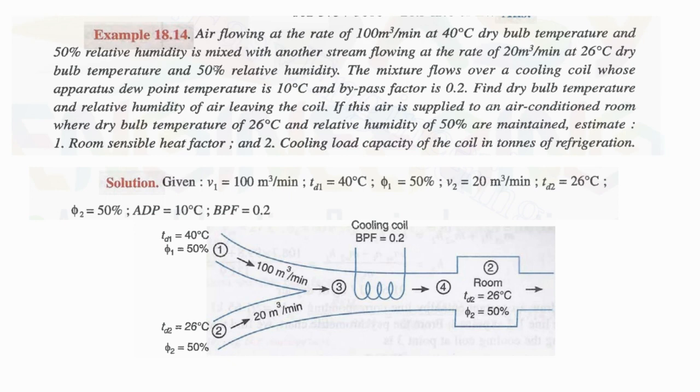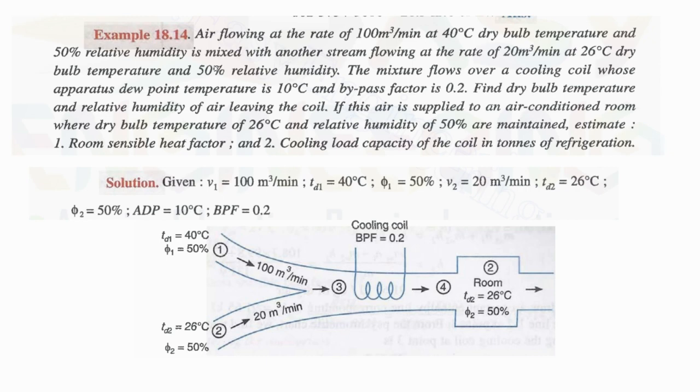Here both relative humidities are the same. Now the mixture flows over a cooling coil whose apparatus dew point temperature is 10 degrees Celsius and bypass factor is 0.2. We have to find the dry bulb temperature and relative humidity of air leaving the coil.